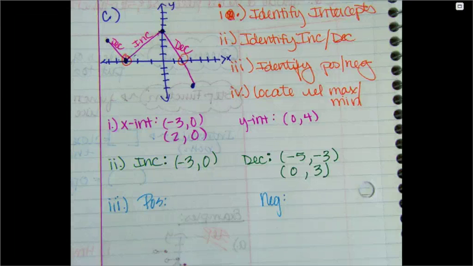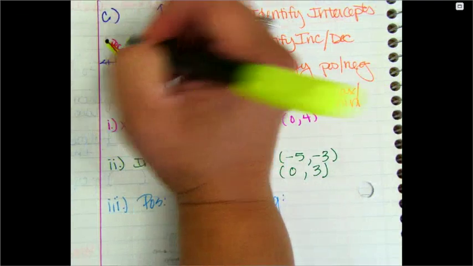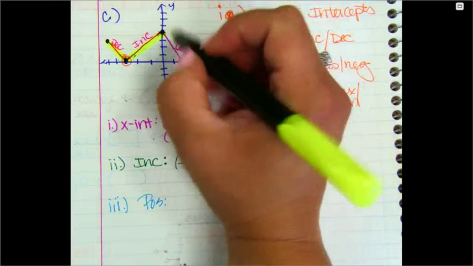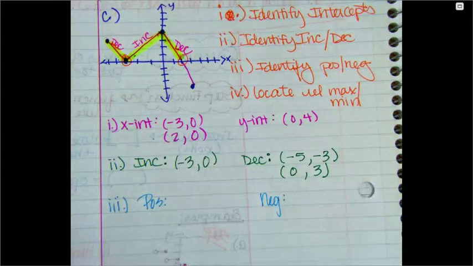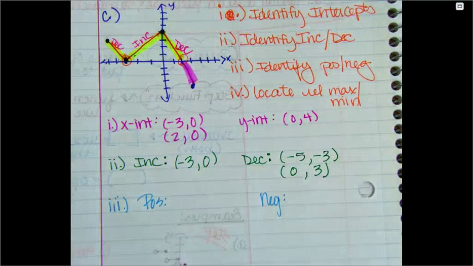Say it again? No, not where. What does it mean? Above the x-axis. So this is above. And this isn't technically above, but here, yeah? And then this is below. Yes?